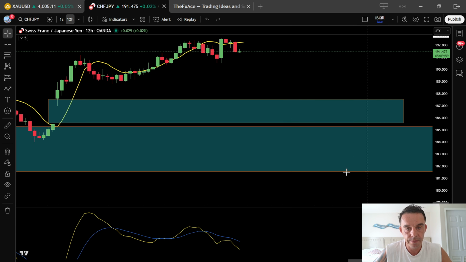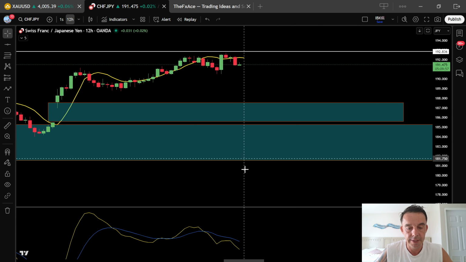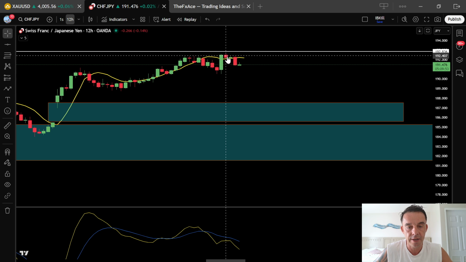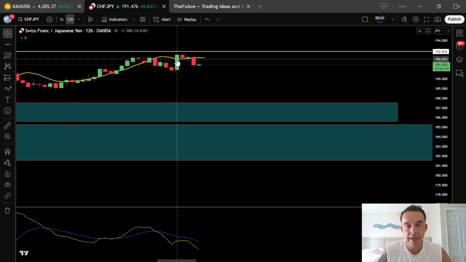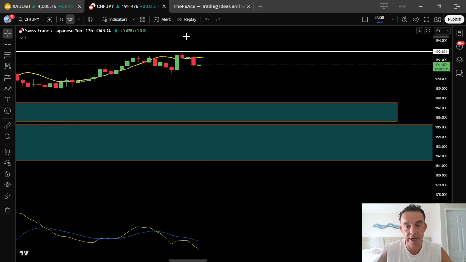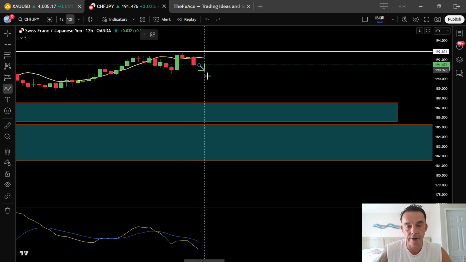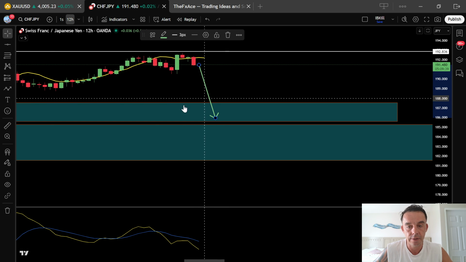If you look at the 12-hour chart here, we can see that the MACD crossed over here. Then you got the fake out to the upside, and then this candle here is pretty telling to me. The next candle failed to push higher and sold off. So this is indicating to me that we are heading down.